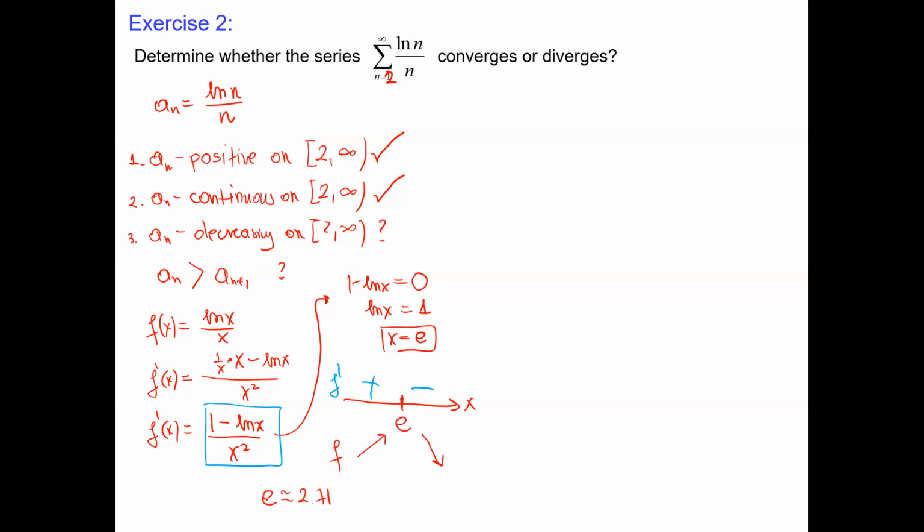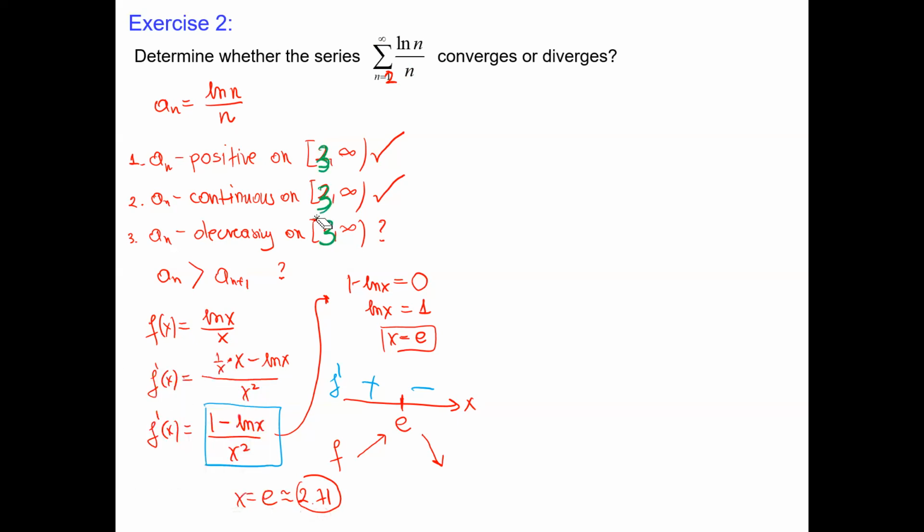When we talk about infinite series, we operate only with positive integers. That means if x is e, then the first integer after 2.7 is 3. So I will change everything from 2 to 3.